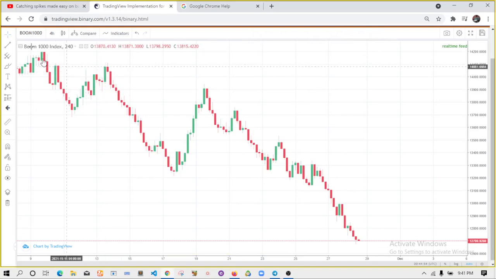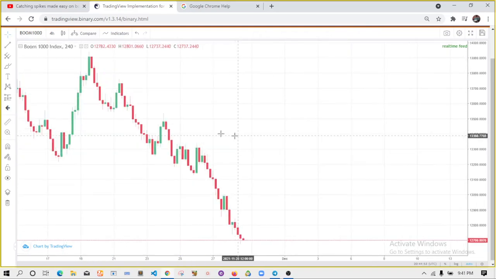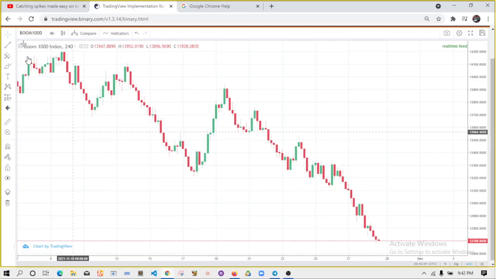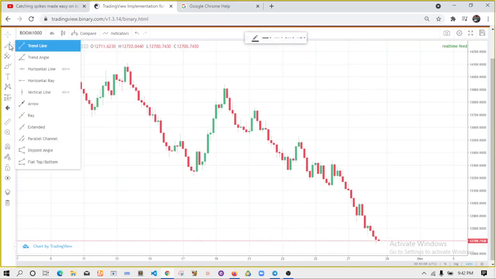Now we're on Boom 1000, and looking at this price action, we should know that Boom 1000 is currently trending down. This is a downtrend. If we pick our trend line, you can actually trade this.